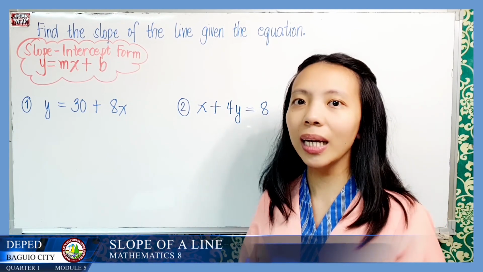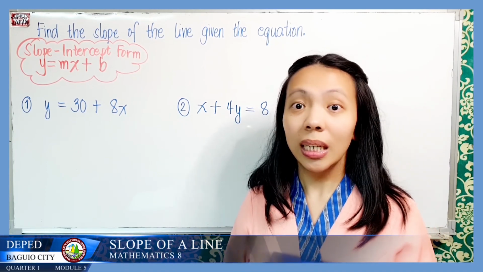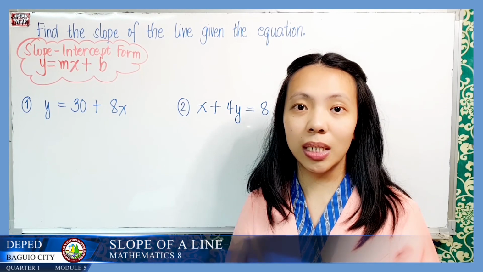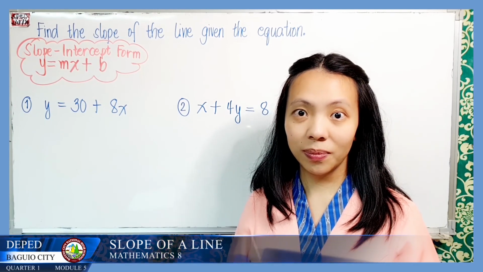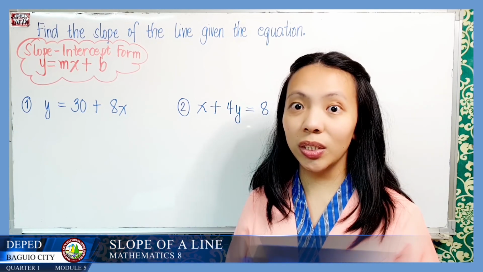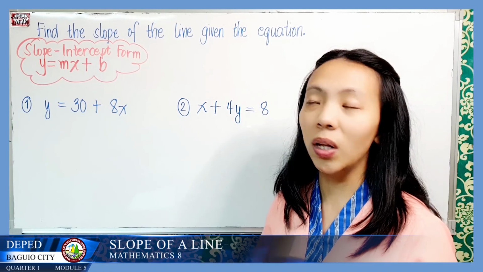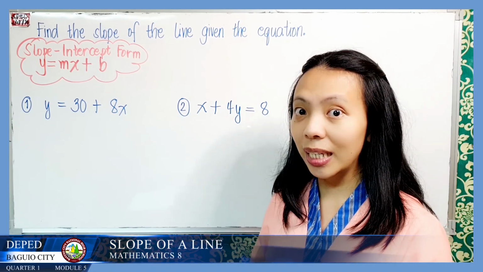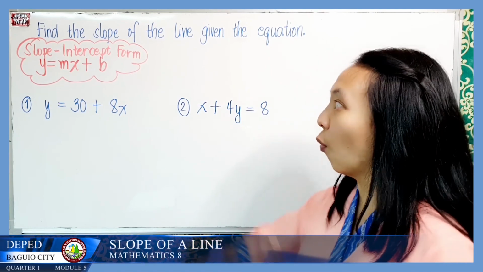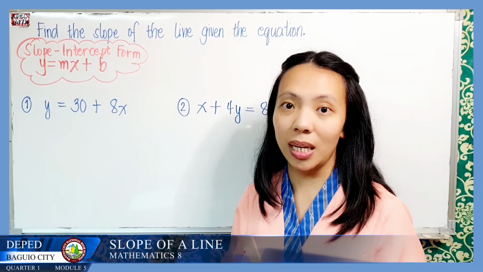A while back, we were told that a linear equation in 2 variables is an equation that can be written in the form ax plus by is equal to c. Linear equations in 2 variables could also be written in what we call the slope-intercept form of the line. It is in the form y is equal to mx plus b.